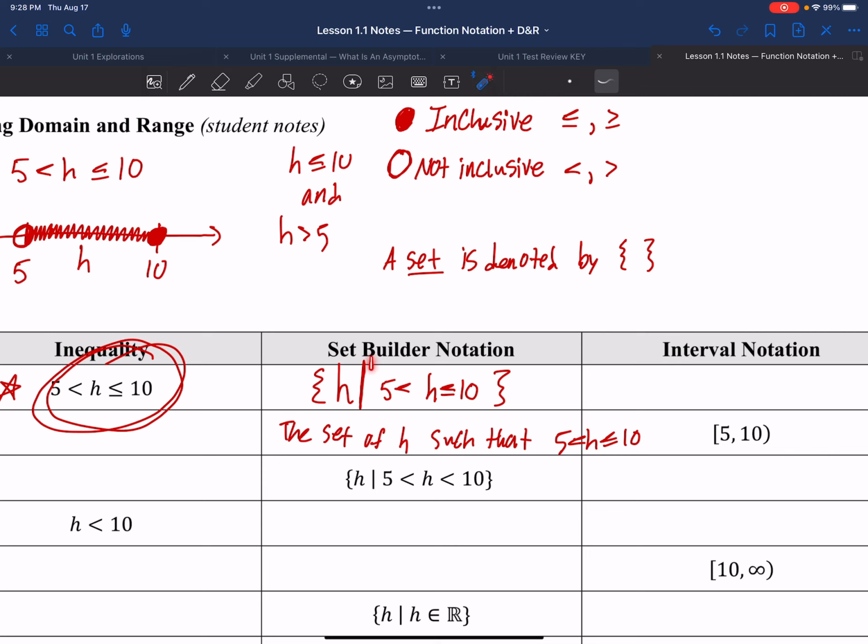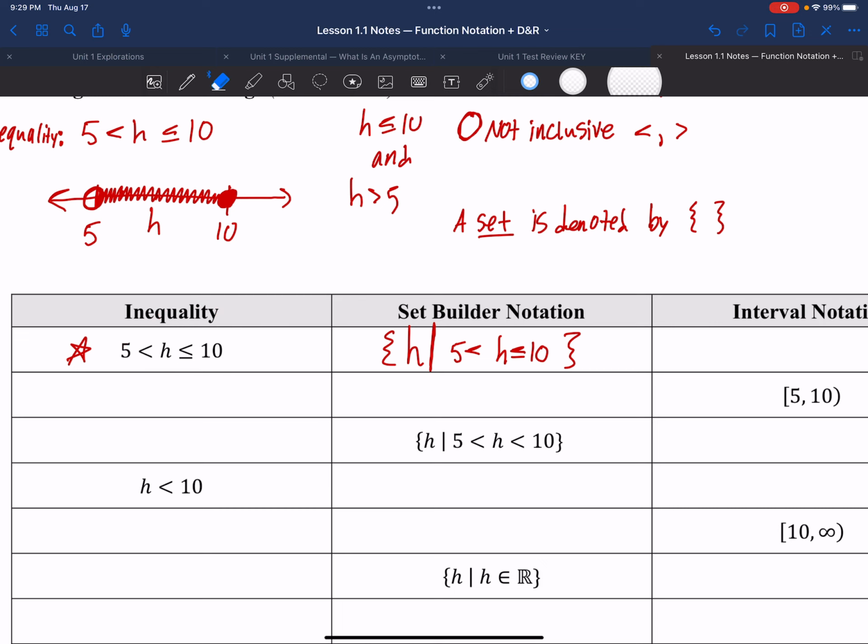That bar that I drew here means such that. It's like a substitution for the words. Okay? It's very common practice. You might also see colons instead of a bar. It's interchangeable, doesn't matter. And you'll notice that the difference between set builder and inequality is just that you add those curly brackets as a set, and you kind of put the variable at the forefront to tell the reader what the variable we're talking about is.